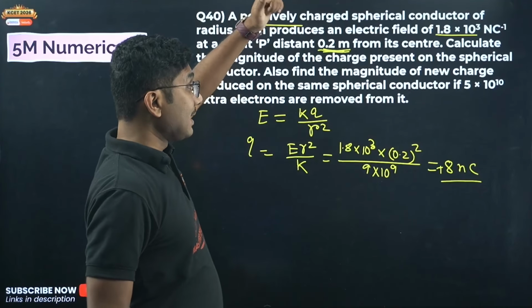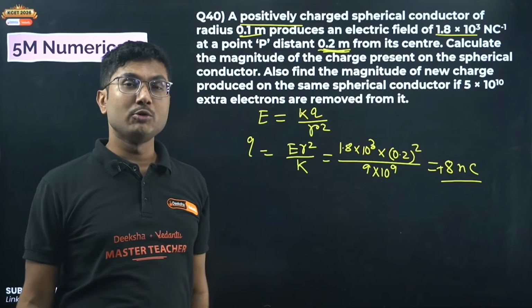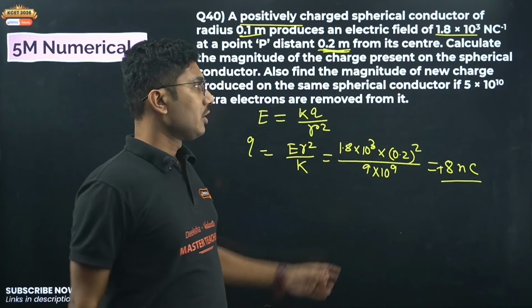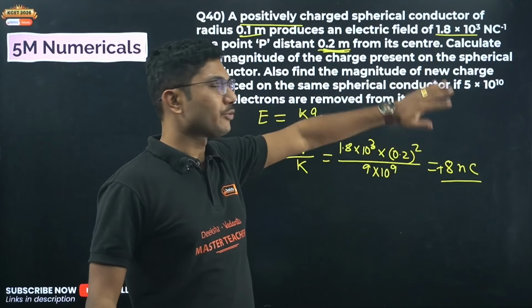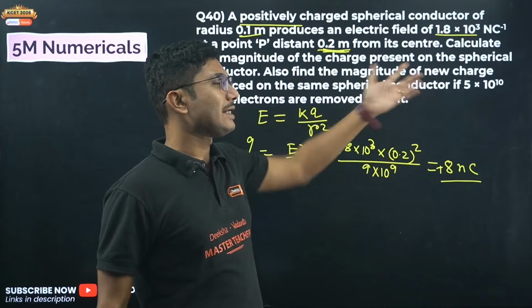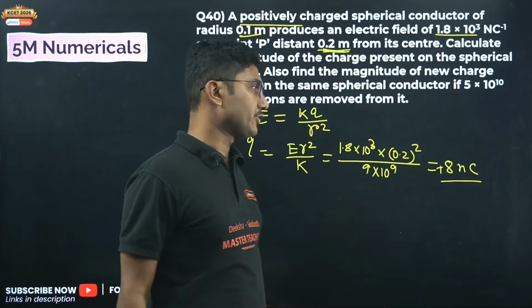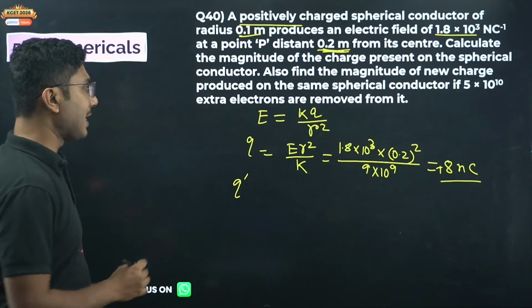Second, they are saying that you are removing electrons. Removing electrons means you are making it more positive. If they say that you have to add electrons, then finally you have to subtract it, that means you are making it negative. In this case, removing electrons means you are making it more positive. So by how much amount you are making it positive, that you have to calculate.